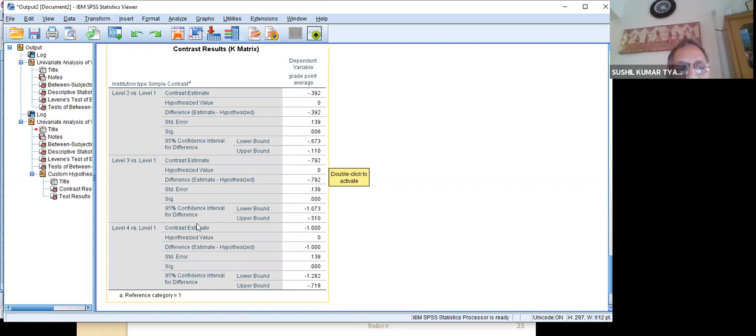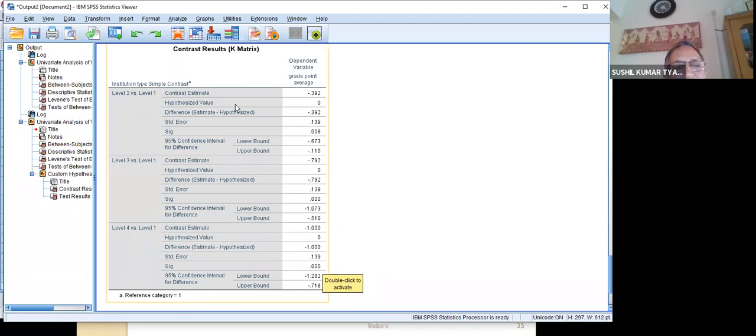this government college. And lastly, this is also significant. So this comes out to be that department is having significantly higher GPA, grade point average, than either the private college or the government college or this.